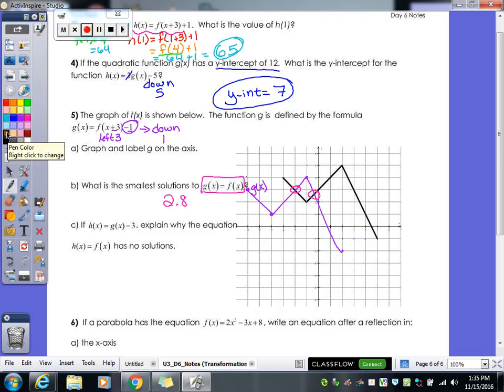So now they're telling us that a third function, h of x, is our g of x that we drew minus 3. So which way would it go if I do minus 3? Down 3. So I'm going to take each point, move them down 3. 1, 2, 3. 1, 2, 3. 1, 2, 3.